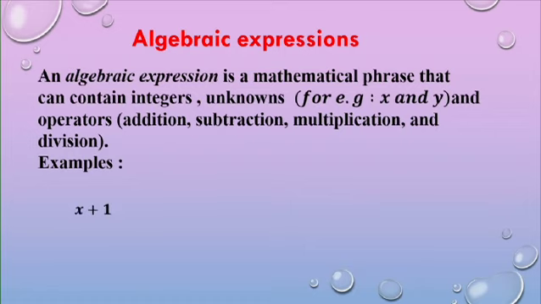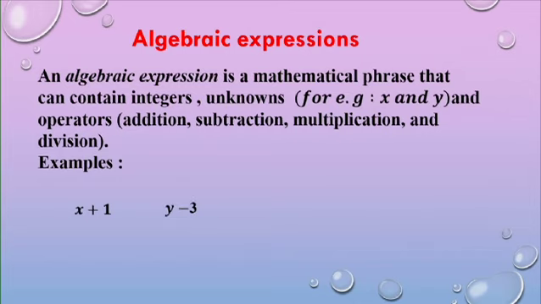X plus 1. X plus 1 is an algebraic expression because it contains an integer value, that is 1. It contains an unknown value, that is x, and an operator, that is plus.